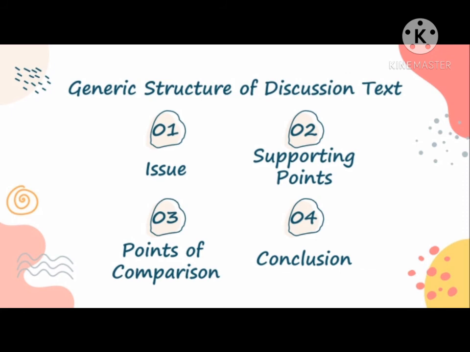The third, points of comparison. They contain points that contradict the main idea previously presented. Just as in the supporting points, the writer can present the main idea in the first sentence of the paragraph and then elaborate on the main idea in the following sentences. And the last, conclusion, which contains a conclusion from the issue that has been discussed.